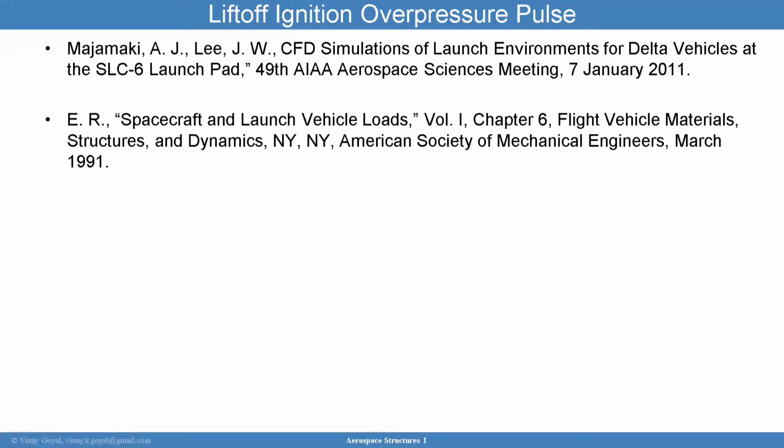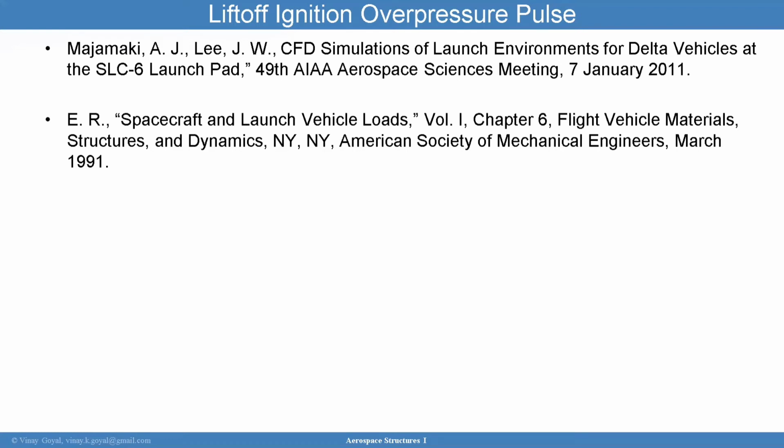As the engine starts up during liftoff of a launch vehicle, you're going to have nozzle exhaust gas fluctuations that produce what is called ignition overpressure. This ignition overpressure is a key component of the liftoff loads on the launch vehicle.